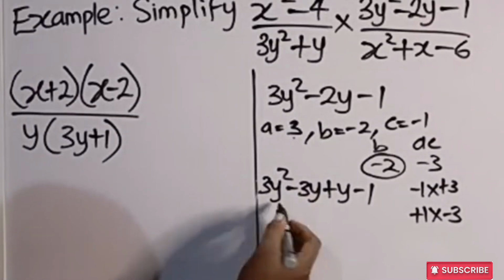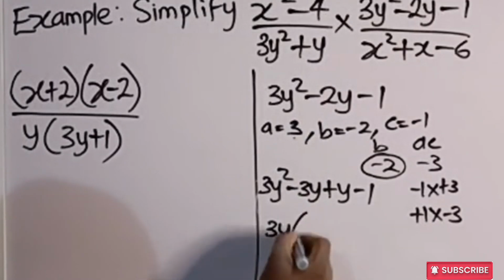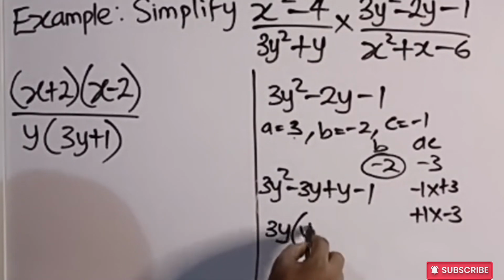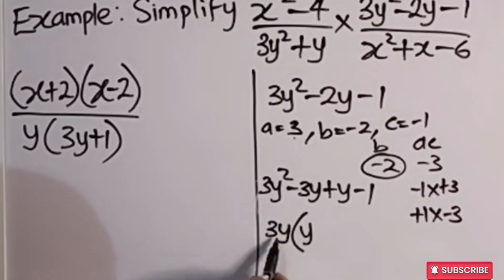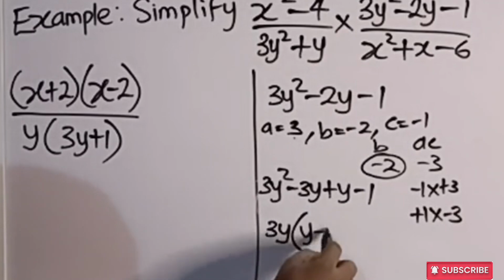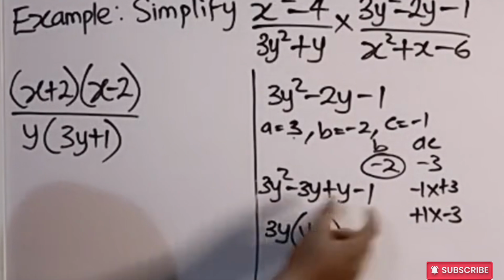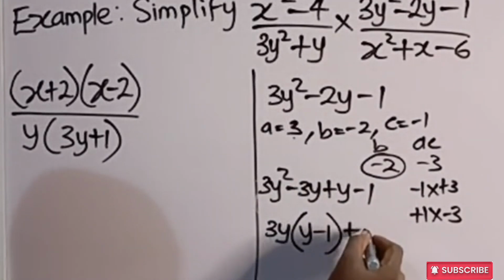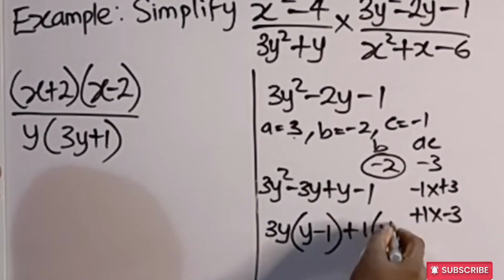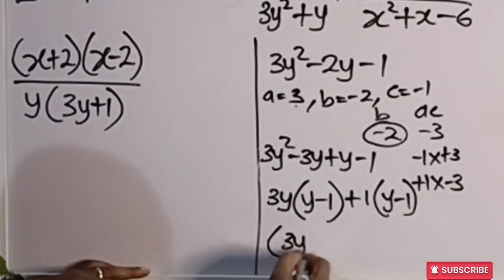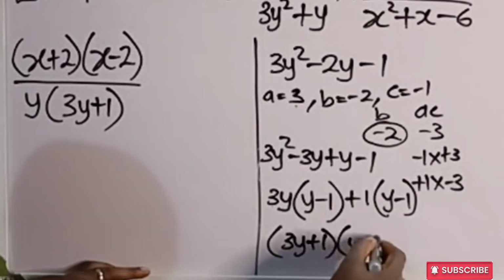What is common here is 3y: 3y squared divided by 3y gives us y, minus 3y divided by minus 3y gives us minus 1. And over here, plus 1 is common, y minus 1. Factorizing this, we have 3y plus 1 into y minus 1.